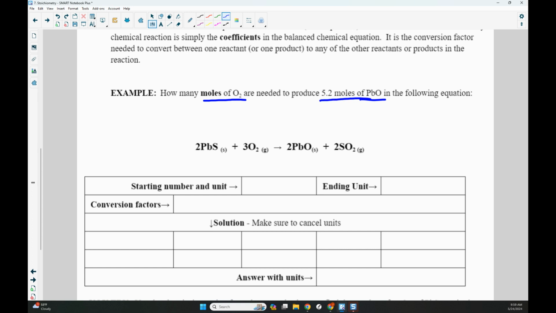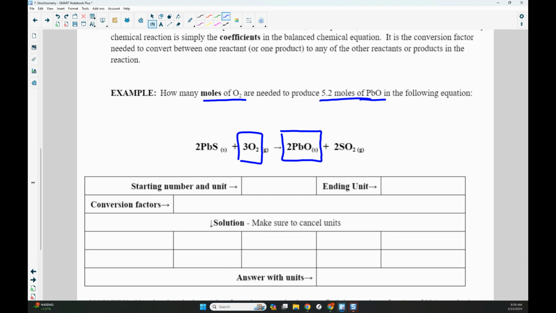So now we look at the equation down here, and I recommend you circle the important parts of the equation, the parts that we're going to be using. So we've been given moles of PbO, so there's that, and we're trying to figure out moles of oxygen.